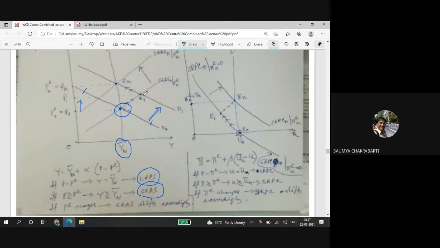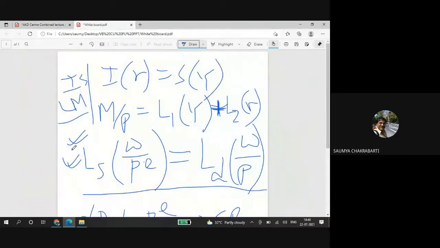Now aggregate demand shifts, and aggregate supply is like this. Why is output rising initially, and then we are finding something like this? That is very important, and most of the textbooks don't discuss it properly. That is my perception. So when price is rising, actually there is an asymmetry. If you look at the third equation, the workers know almost nothing about the actual price.